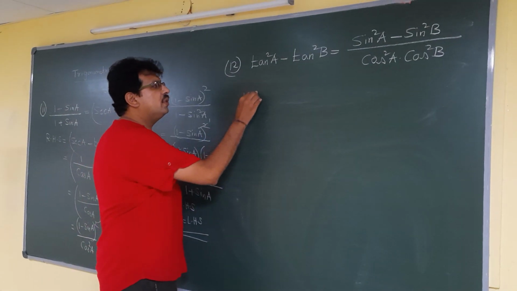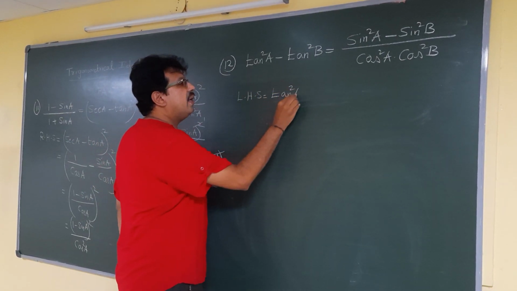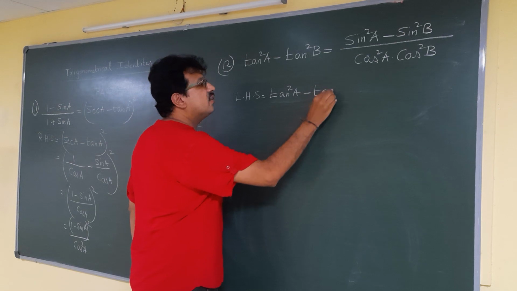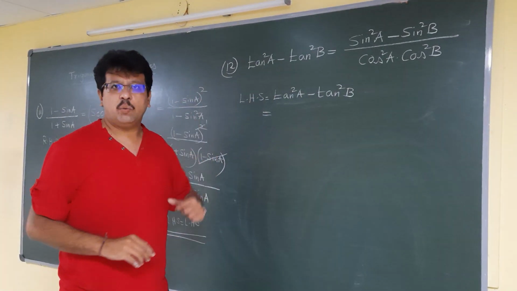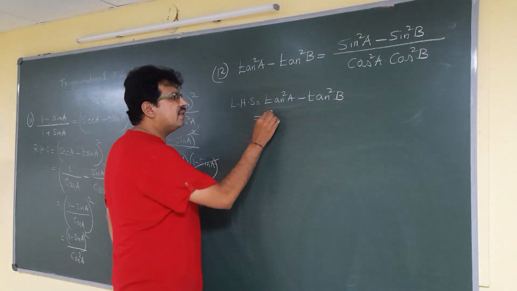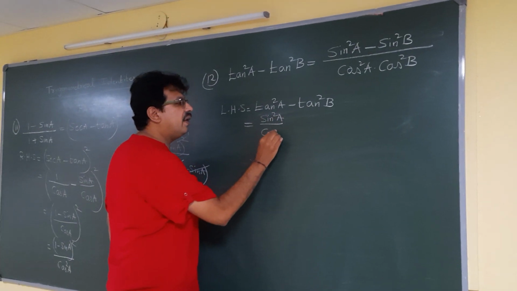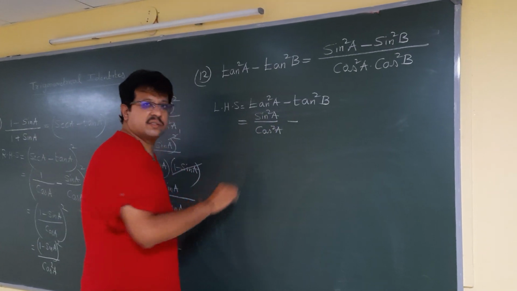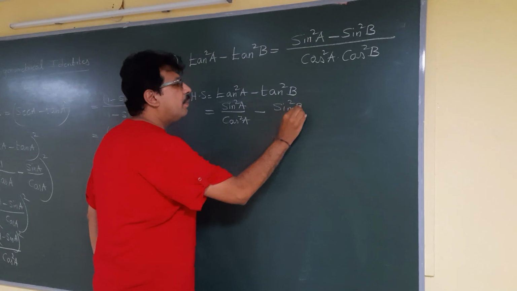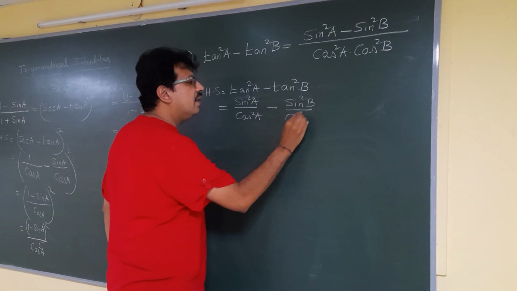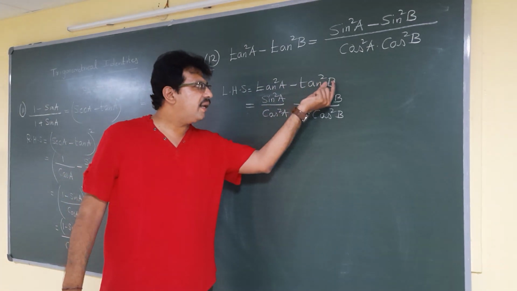LHS, to prove this problem, LHS is tan square A minus tan square B. This is the left hand side. So tan square A, what is tan square A? It is nothing but sin square A by cos square A minus tan square B, which is sin square B by cos square B. So we use the concept of tan A and tan B. Here angle B is there.